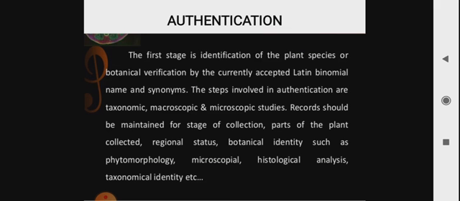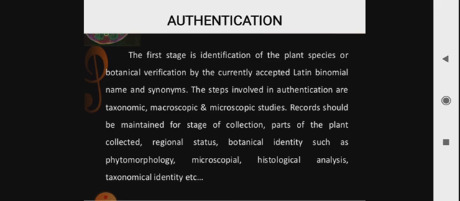Authentication. After identification, the specimen, sample or voucher specimen is prepared, and then the same is to be deposited in the herbarium for future correspondence.